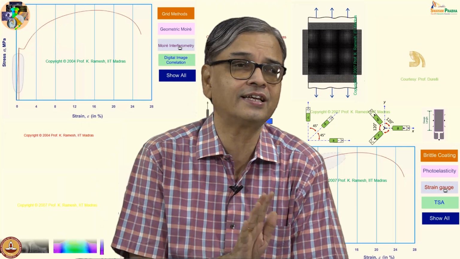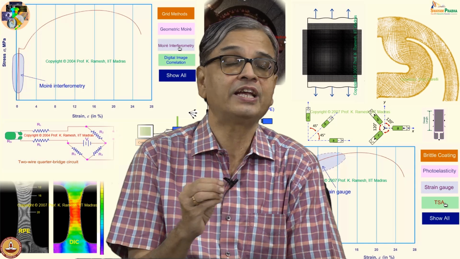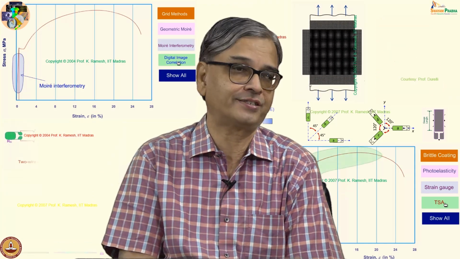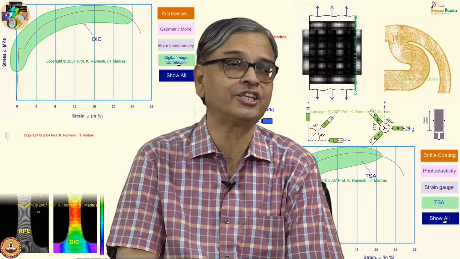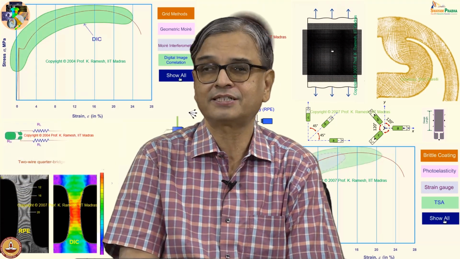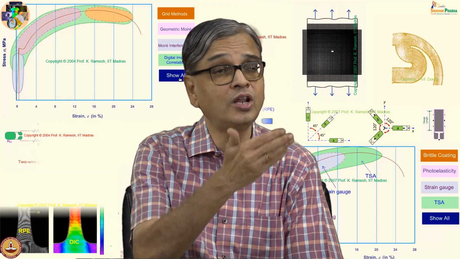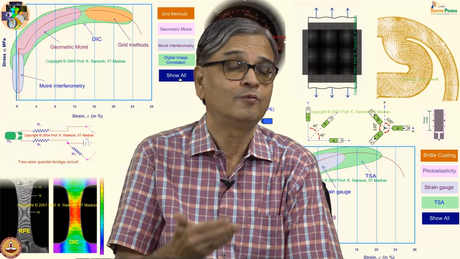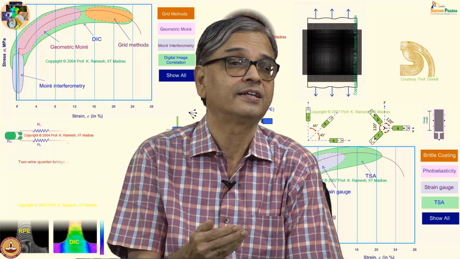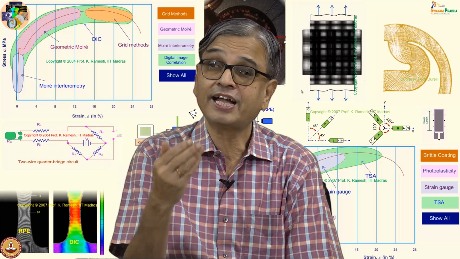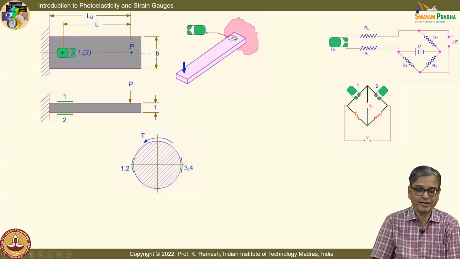The question here is, how do I use my strain gauge to measure what happens in torsion? What way do I have to align my strain gauge when I want to make the measurement? That is also very important. In strain gauge instrumentation, all these aspects are important. What should be the size of the gauge length, what should be the resistance, and which way I should align my strain gauge.